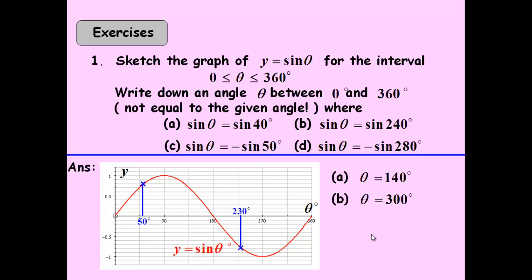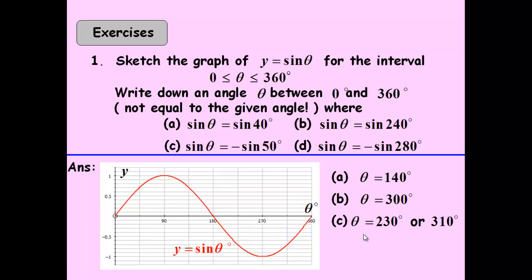C, 50 degrees is there. We're looking at -50 degrees. So -50 degrees is where this length is the same in the negative direction, and that's here, isn't it, at 230 and at 310.